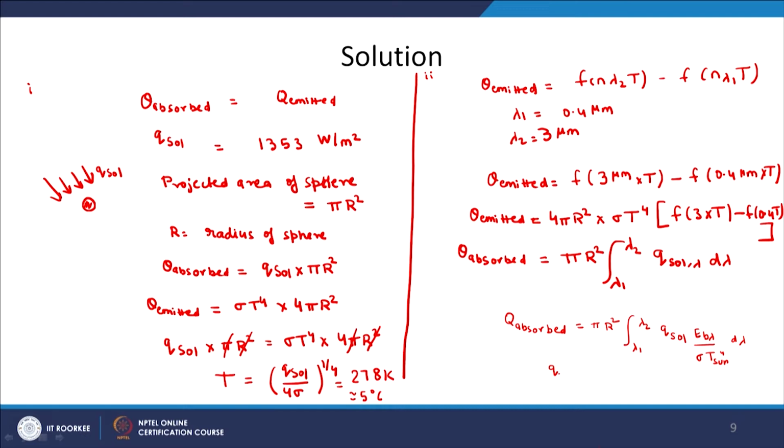That means q sol lambda is proportional to E b lambda, because the sun behaves like a black body at a temperature of 5777 Kelvin. So, we can replace the spectral flux with the black body emissive power of the sun at the temperature of the sun equal to 5777 Kelvin.